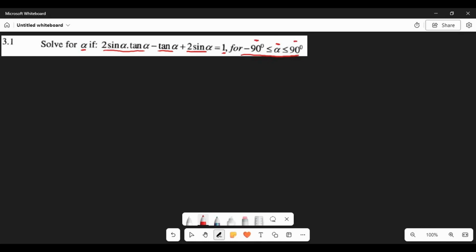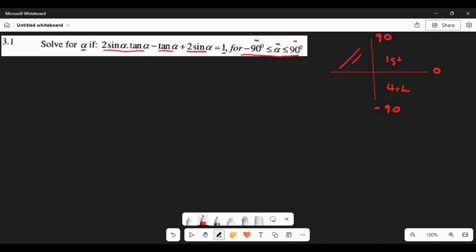This limit basically means that whatever we are calculating should be between 90 and negative 90. If you know that 90 is here, 0 is there, and negative 90 is there, then what they are saying is that our angle, or whatever the calculations, must happen in the first quadrant and the fourth quadrant.